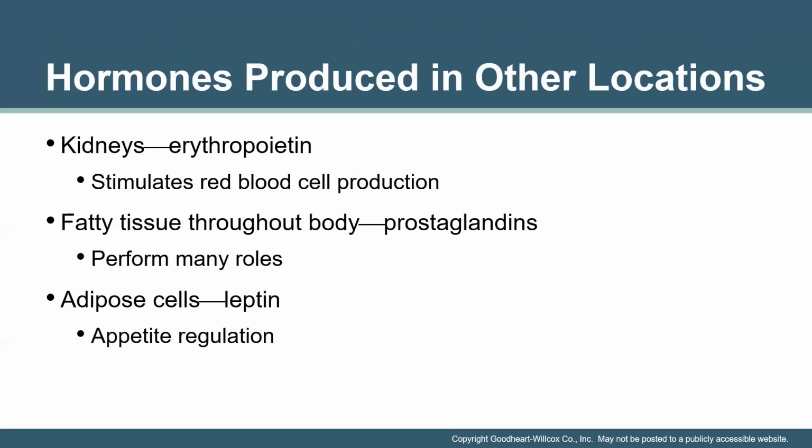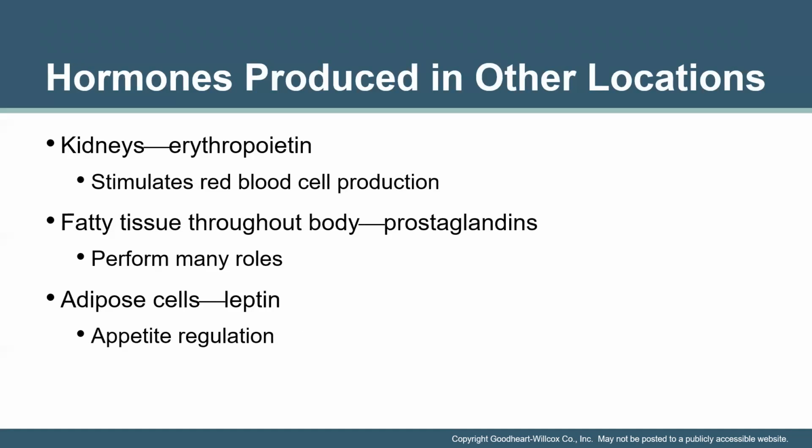The kidneys also have a hormone that they produce called erythropoietin. Erythropoietin is necessary for the stimulation of red blood cell production. So as the kidneys filter the blood, they produce urine, by the way, and regulate blood pressure, viscosity, and calcium levels in the blood.